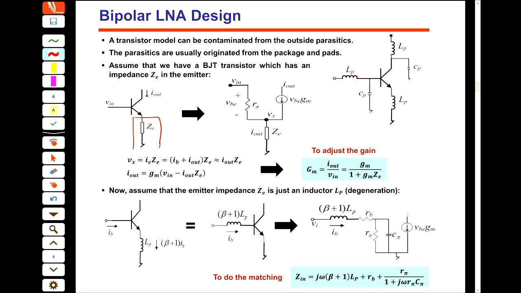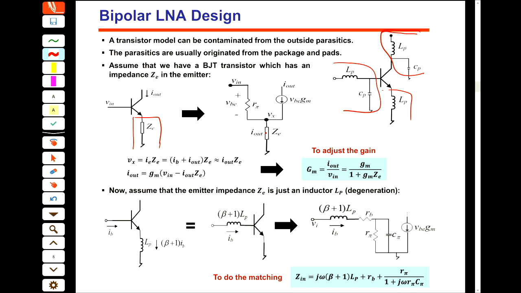So when you make a transistor in a chip, all these parasitics are coming. So easily we can have a load in the emitter of our transistor, and this could be out of control. I myself did not put that. It's coming from the package or from the pad. Let's see what will happen when we have this kind of impedance in the transistor emitter.